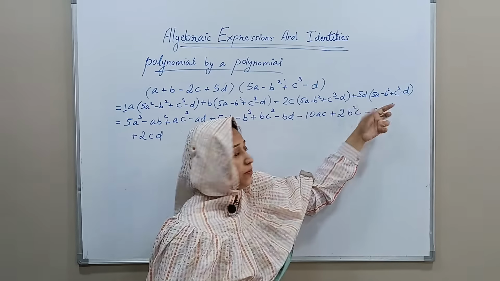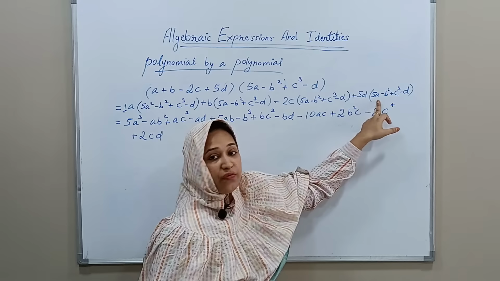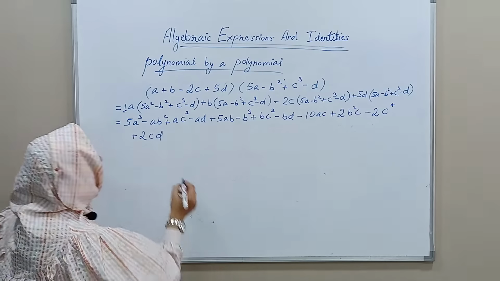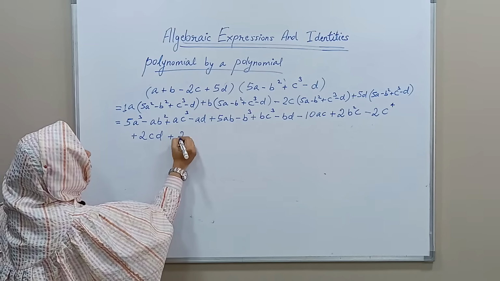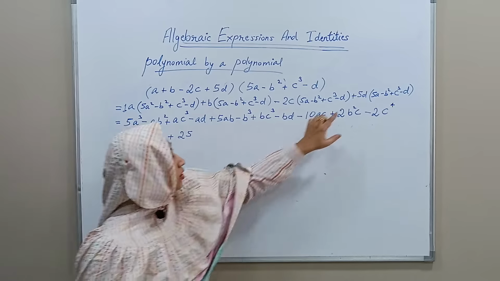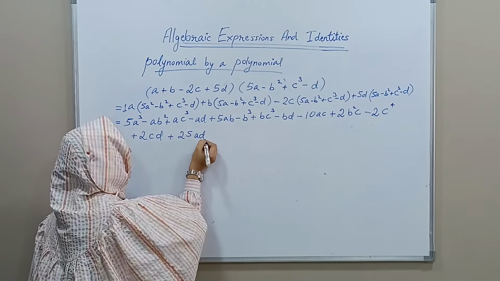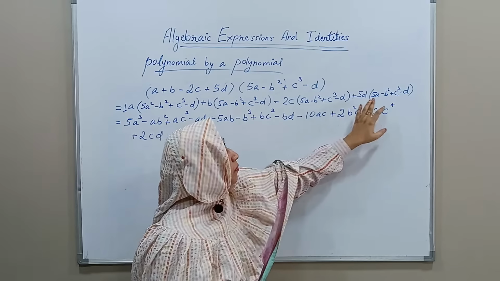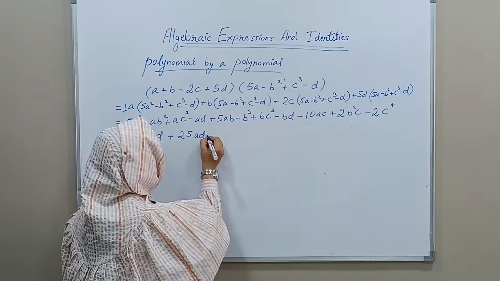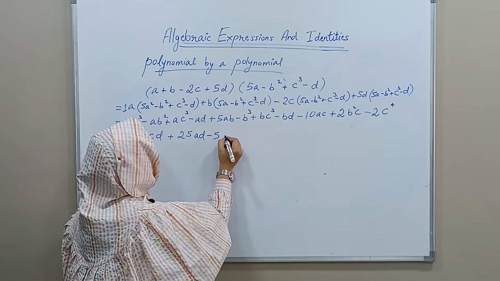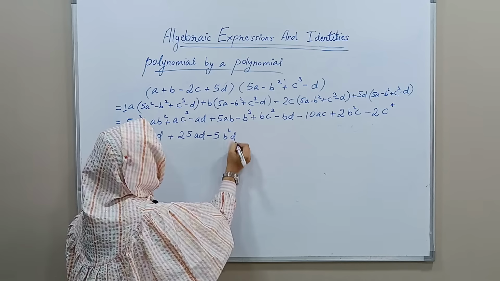And now the last part. 5d into 5a, 5 into 5 is 25. So plus 25, d into a is ad, so plus 25ad. Then plus into minus is minus 5d b square, so we will write it as b square d.